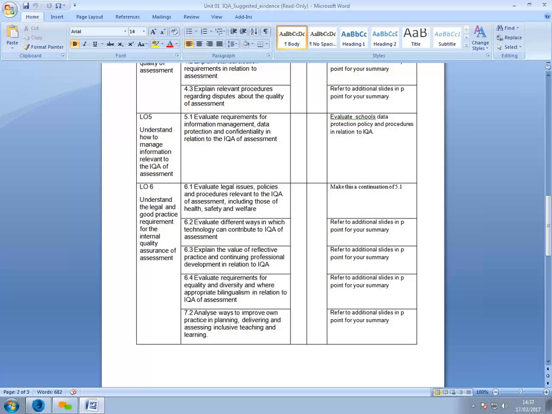Again, the requirements for equality and diversity and welfare, and where appropriate, bilingualism in relation to IQA for assessment. This applies sometimes if you've got students whose English is almost a barrier to the qualification. Language can be a barrier, but in some cases it can make things extremely difficult. I've assessed work at high levels that I've turned down because, quite honestly, I couldn't understand what they were actually trying to say.